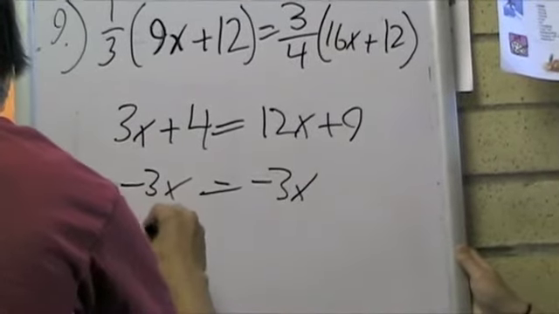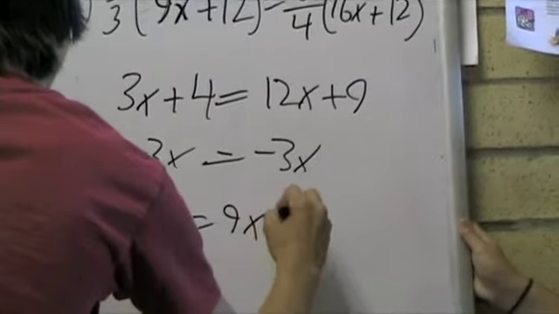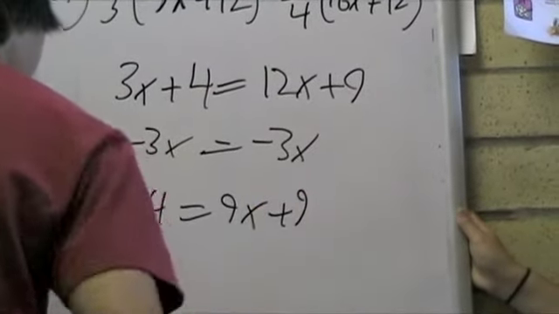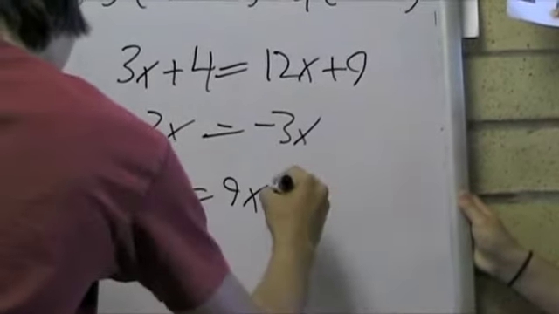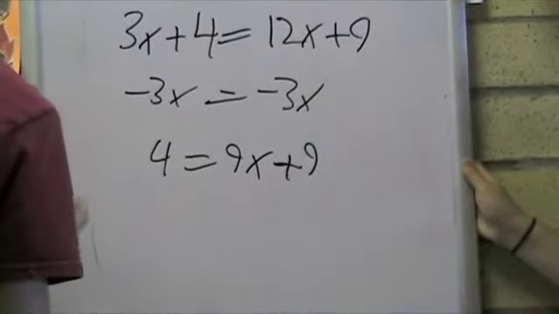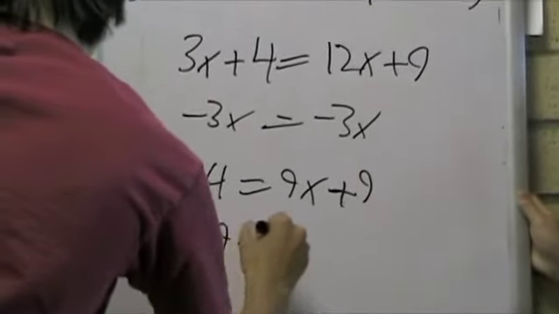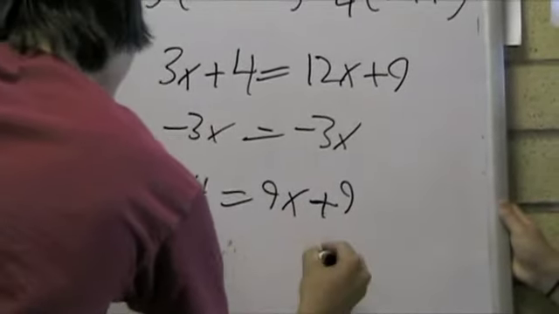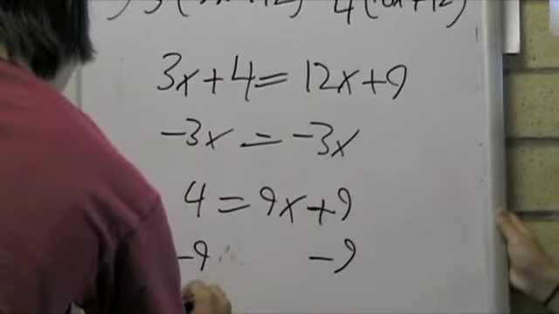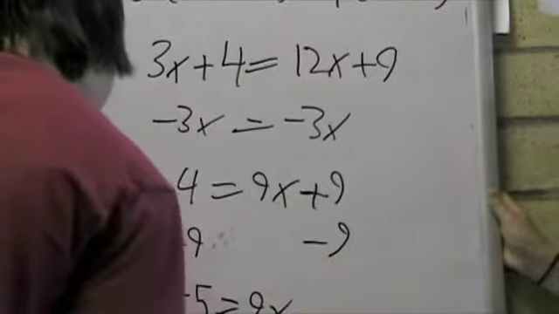You end up with 4 equals 9x plus 9. Okay, so from here you take away 9 from each side, leaving you with negative 5 equals 9x.